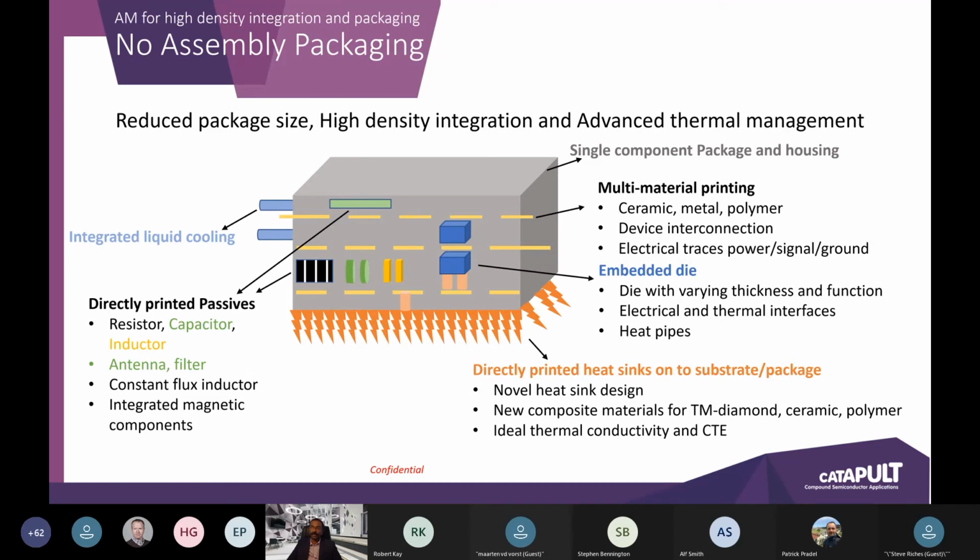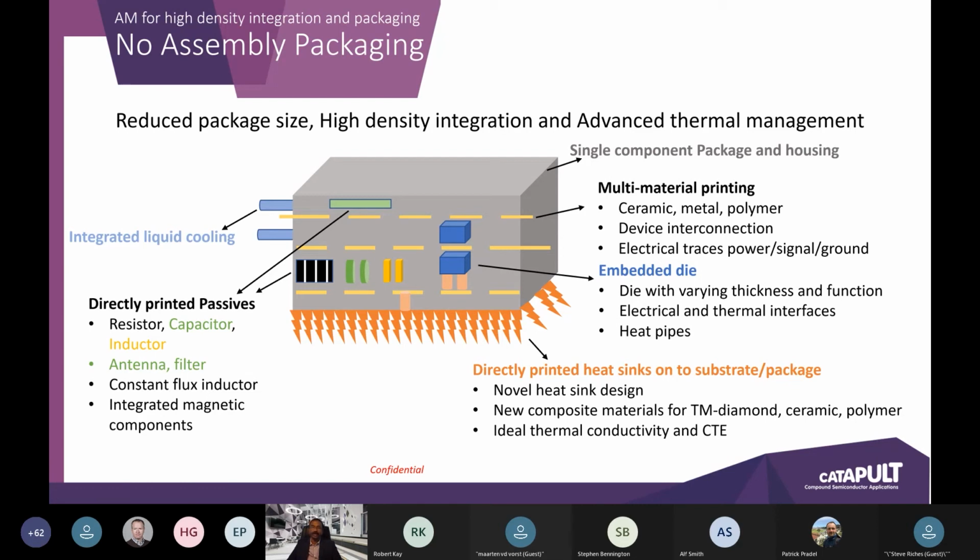But this is also adding cost to the manufacturing. That is where we need to explore whether additive manufacturing can be used to reduce the package size and also to improve high density integration and thermal management challenges.